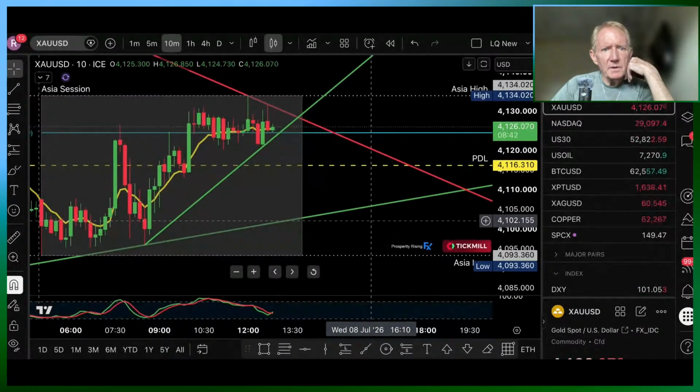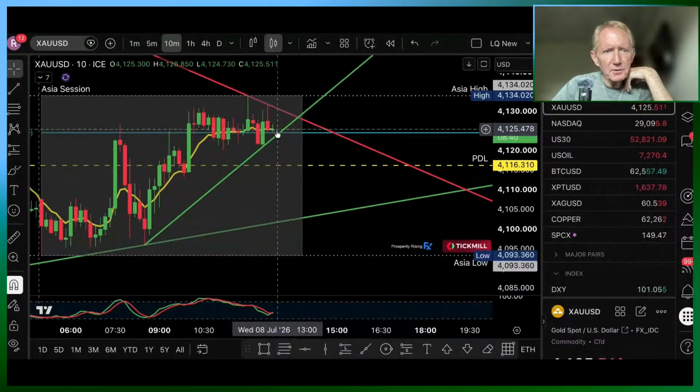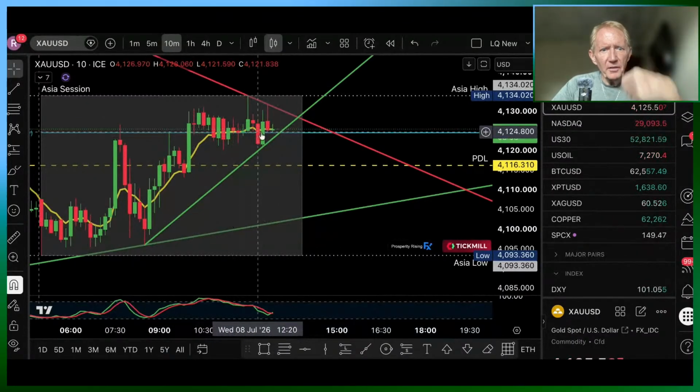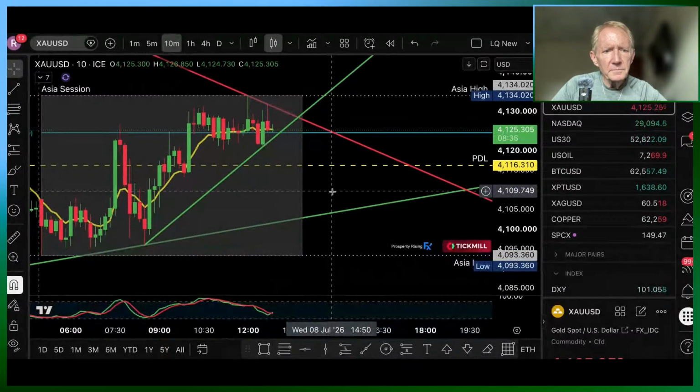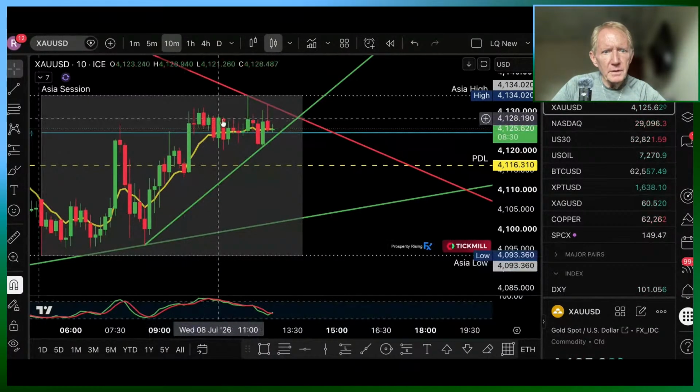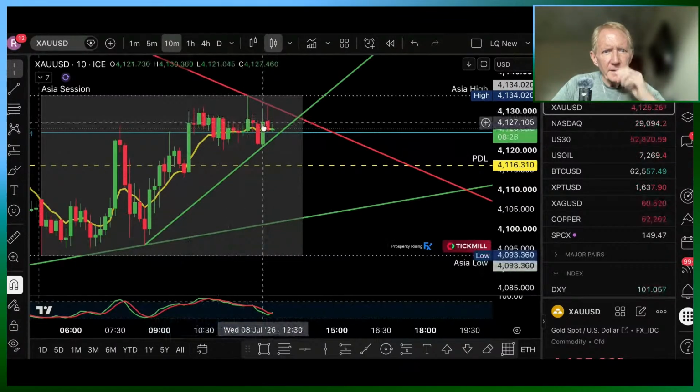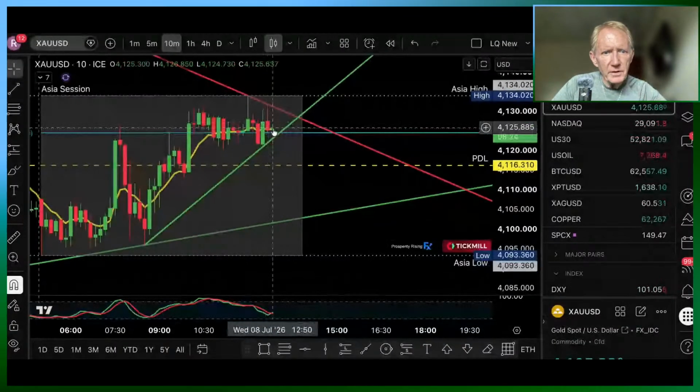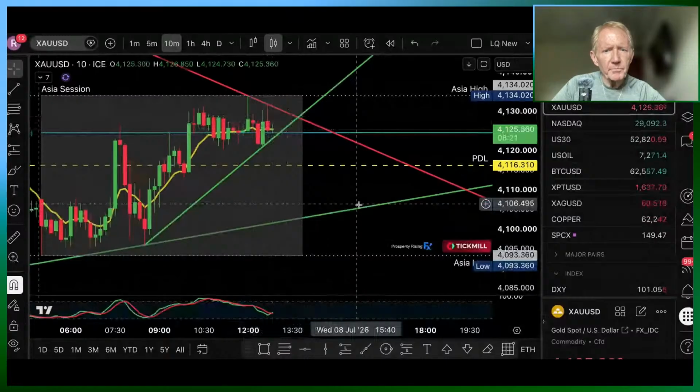Hey, it's not telling us anything now. Look at this, 2 hours, nothing. Just setting up a new price structure here. And eventually we'll get a break of this structure, and it will go down or it'll go up.